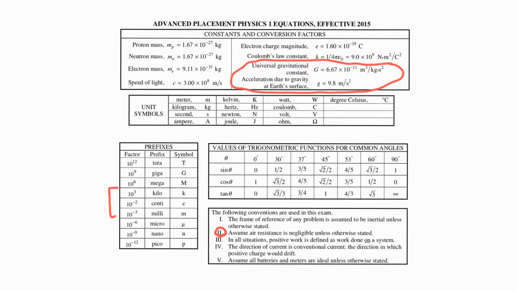But any time where they don't say anything about the air resistance, we are supposed to assume that the air resistance is negligible. And so I think that with that information, I think that pretty much covers what's most important about the front side of the equation sheet.